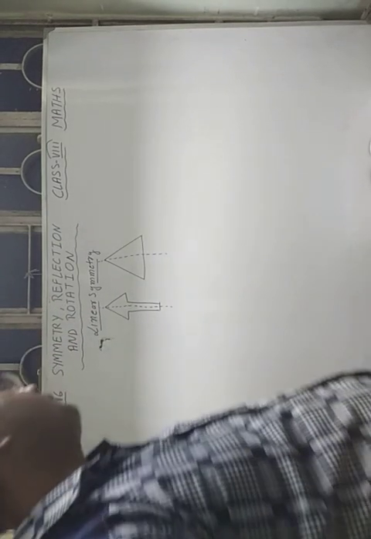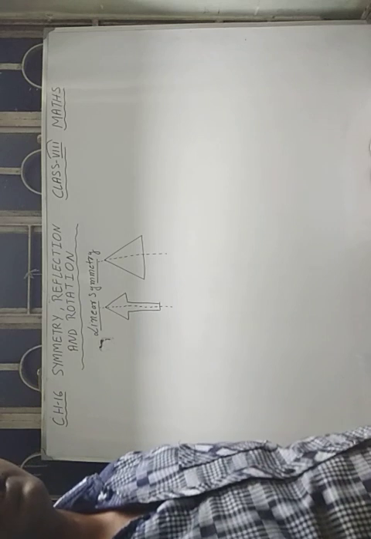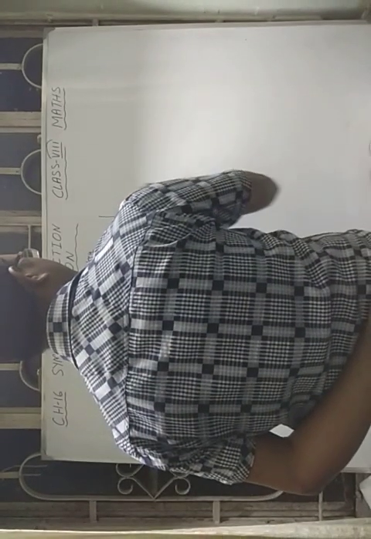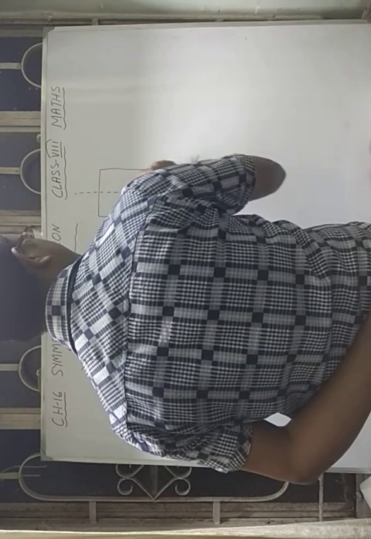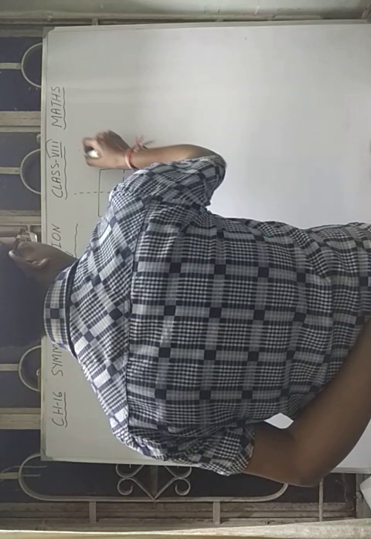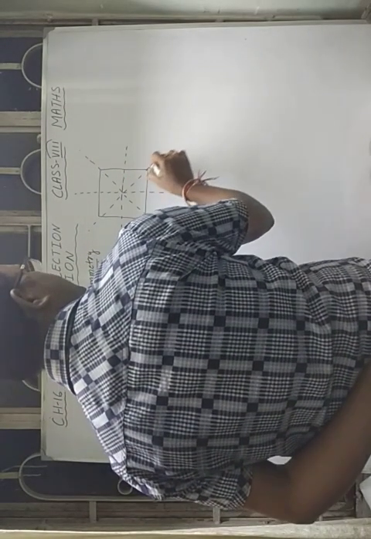Sometimes a few figures have more than one line of symmetry. Suppose you take a square like this. It has four lines of symmetry: one vertical, one horizontal and two diagonals.